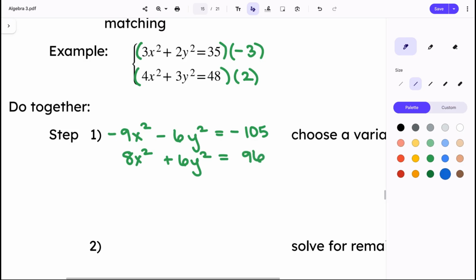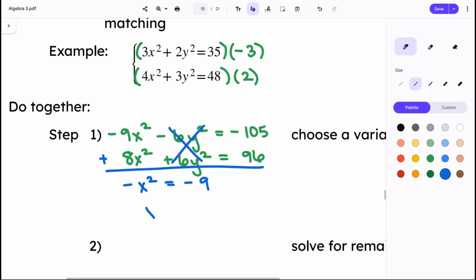Okay, let's add these together. Your y's should cancel. What do I have left for my x's? Okay, and then equals... okay. How do we get rid of the negative in front of the x?